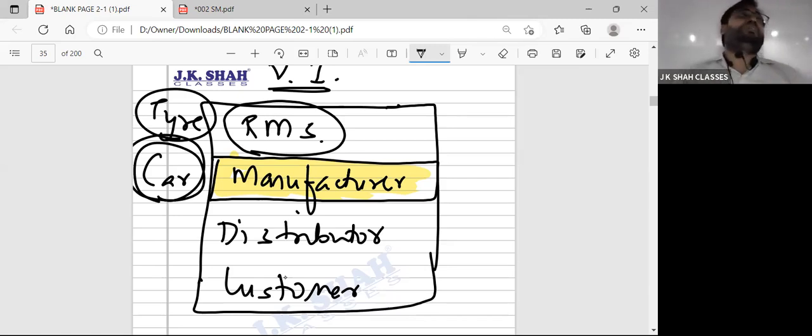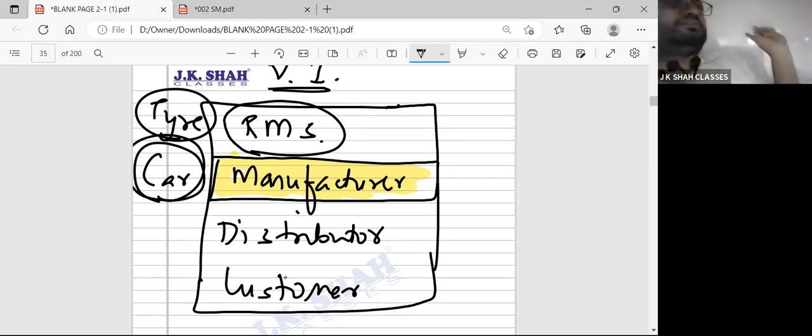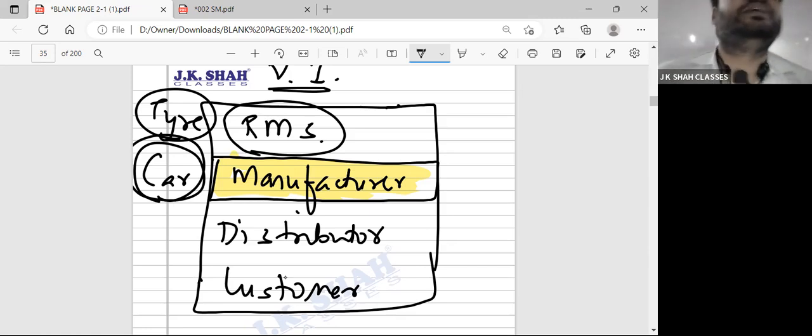To be very specific, this is called as vertical backward integration. You all understood what is backward? We are moving back in our product process chain. We are moving backwards. That is why it is called as backward vertical integration. You all understood this? I will give you two more examples.